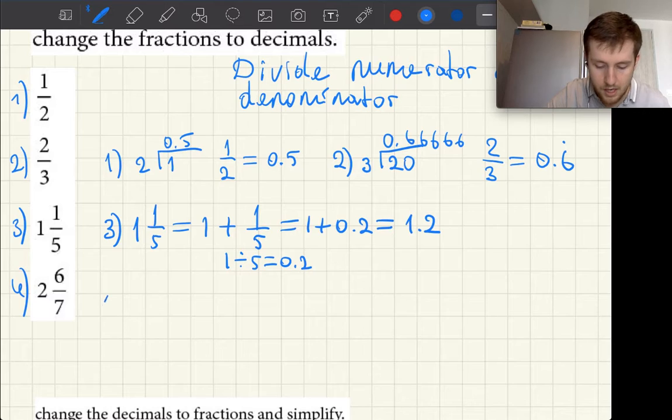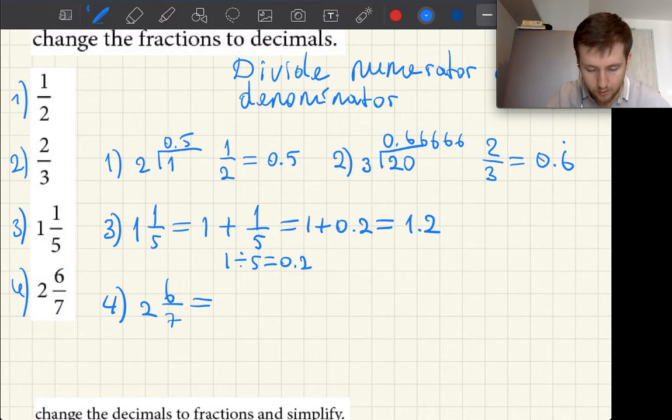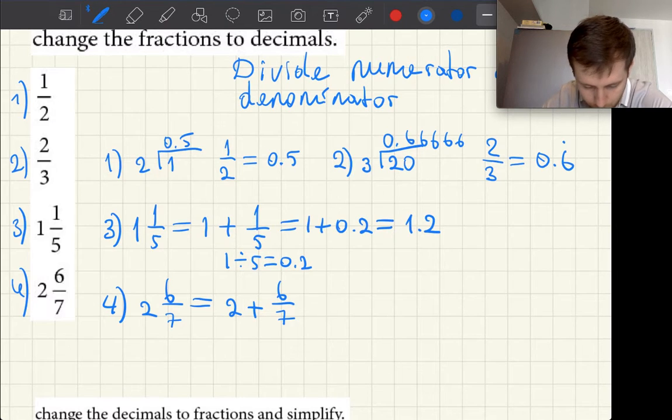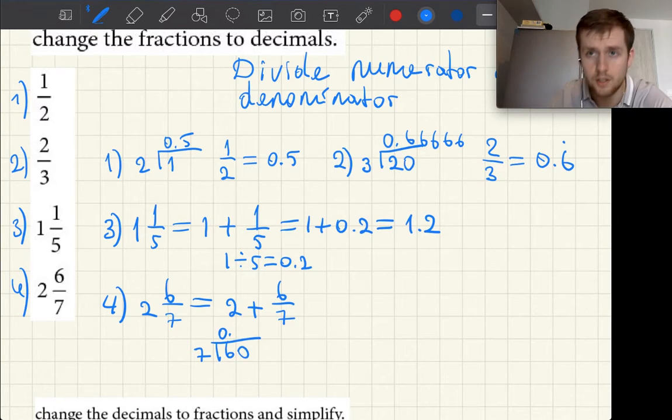And finally, we have 2 and 6 over 7. 6 over 7. All right, so let's just work with this part. 6 divided by 7. So let's just do this quickly. 0. Then we have 60 divided by 7. It's going to be 8.